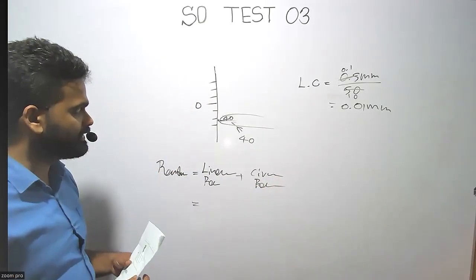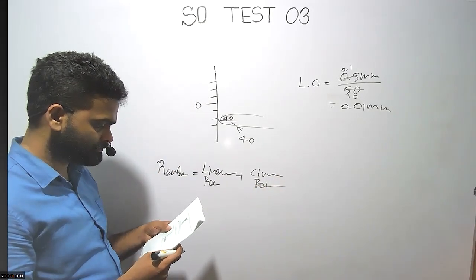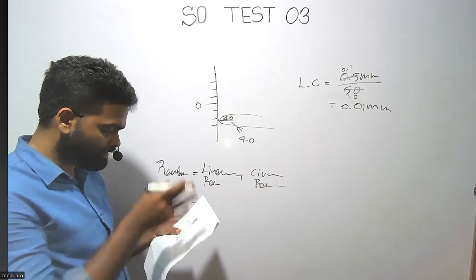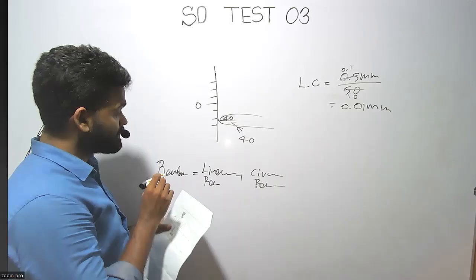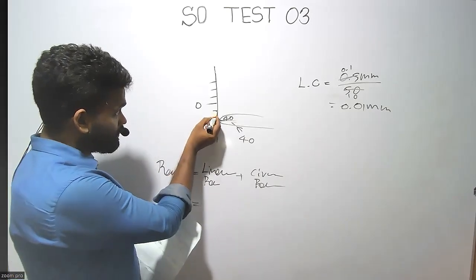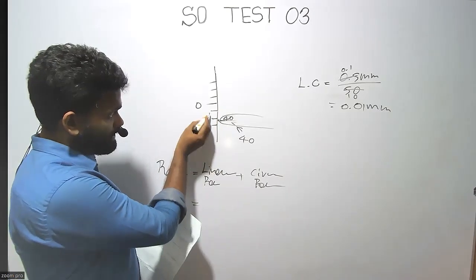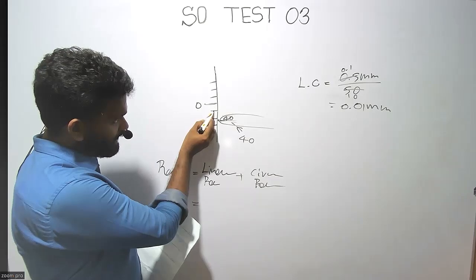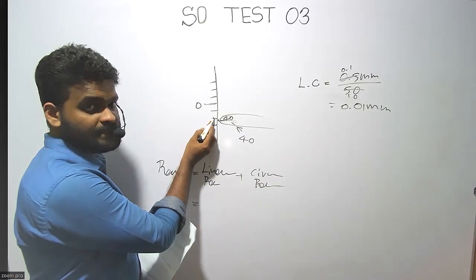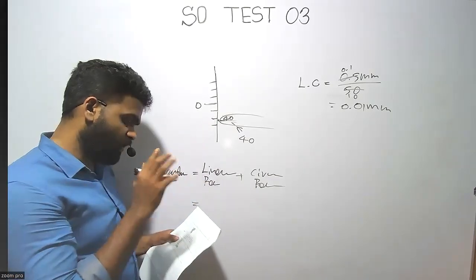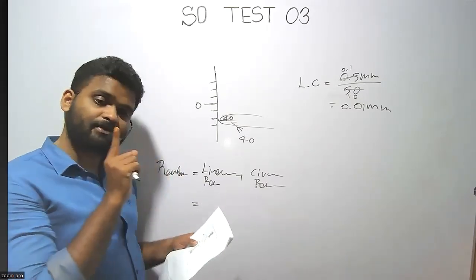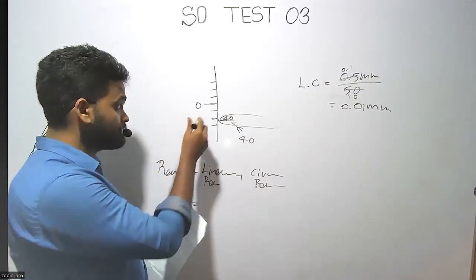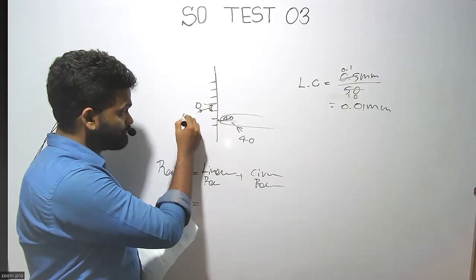So what's the linear reading here? This has 1, 2. So up to 2 parts you can measure from the linear. And the one part should be 0.5 millimeters, right? That should be the pitch.